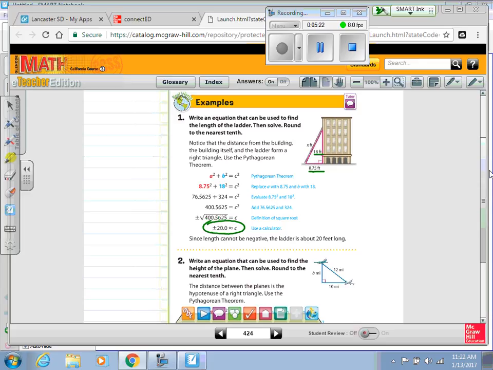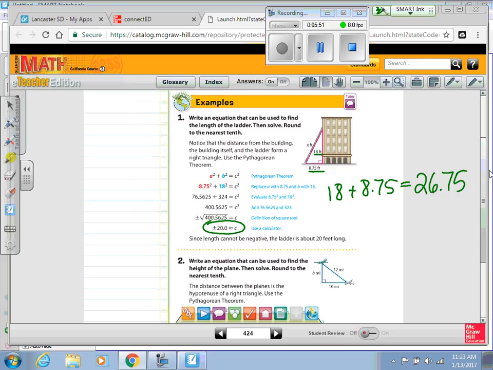However, the sum of the two, 18 plus 8.75, the sum of the legs must be larger than the hypotenuse. So those are two relationships that are good to remember. This is 26.75. So we definitely have a right triangle here because the sum of the legs is larger than the hypotenuse, but the legs are smaller than the hypotenuse.